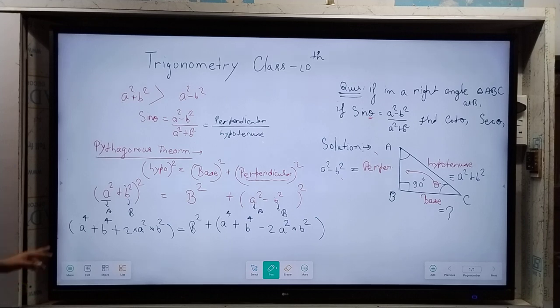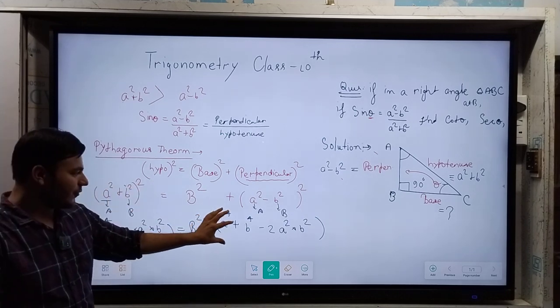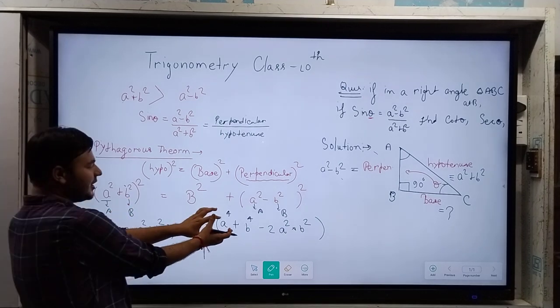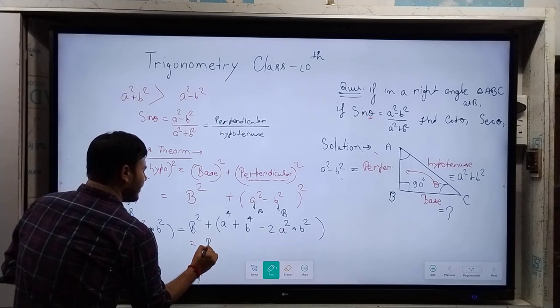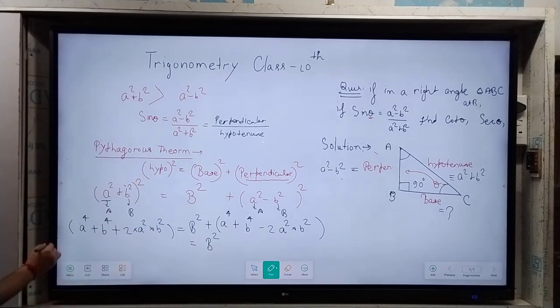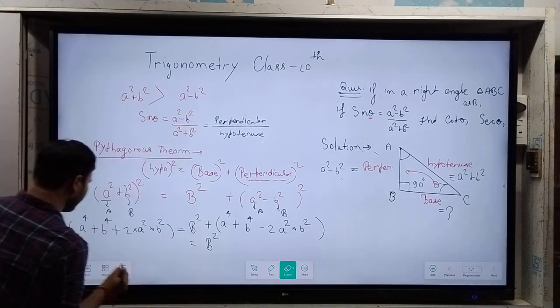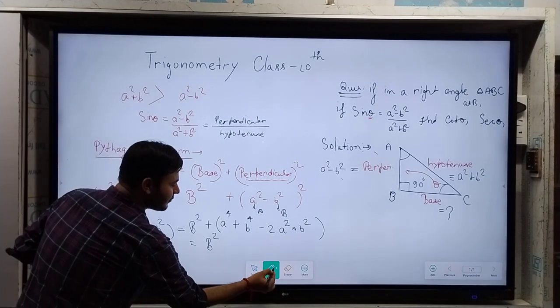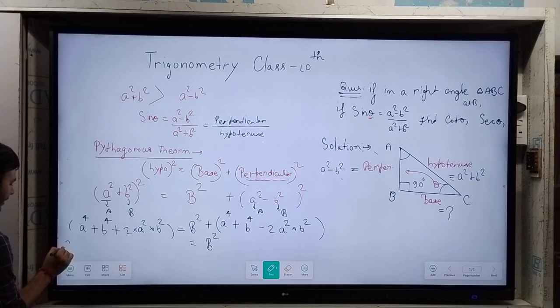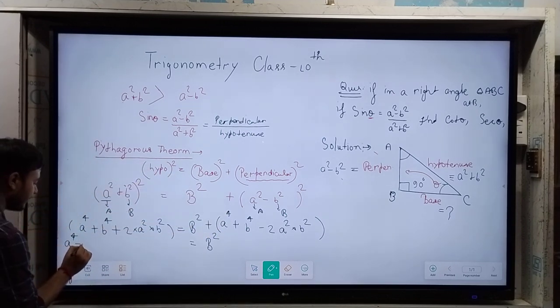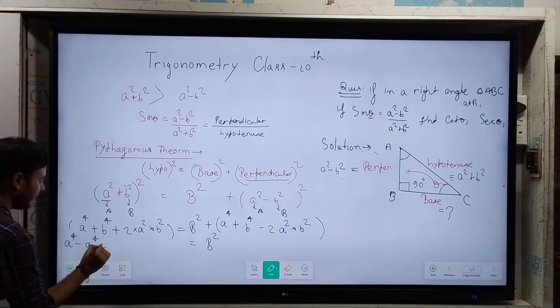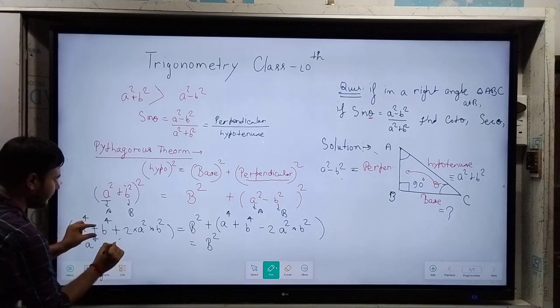Now we can see that a to the power 4 will be a positive number. Now we transfer the a to the power 4, this will be minus. In short way you can cancel it shortly, but now we do this. A to the power 4 is positive, so transposed it is minus a to the power 4, plus b to the power 4.